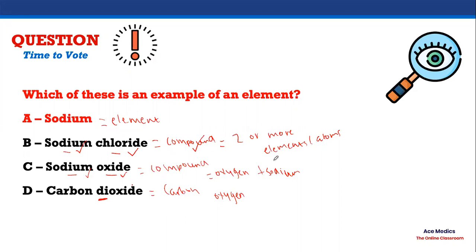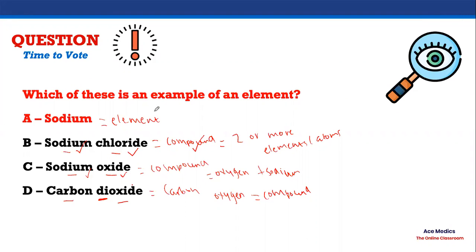So carbon dioxide is also a compound because it has two or more elements or atoms combined together. There's carbon and two atoms of oxygen.